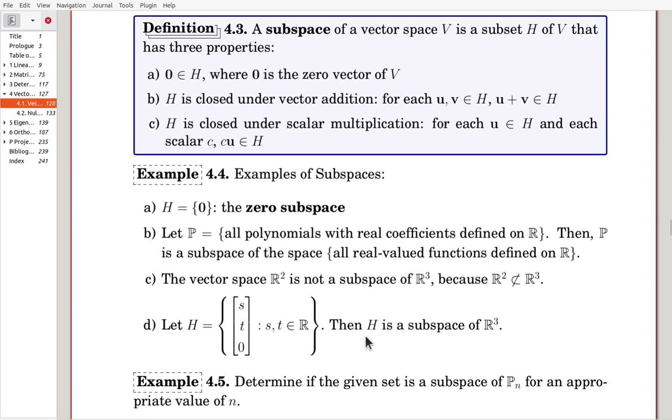It has 3 components, so it is a subset of R3. And here, if you add 2 vectors, or take a scalar multiple, the result will again have only 2 non-zero components, and the last will always be 0, so it is closed under addition and scalar multiplication, which means H is a subspace. Right?